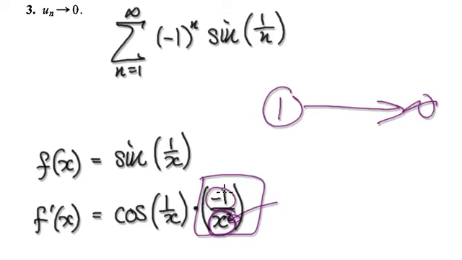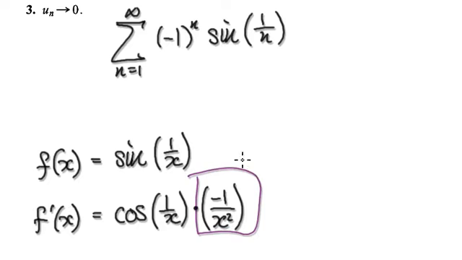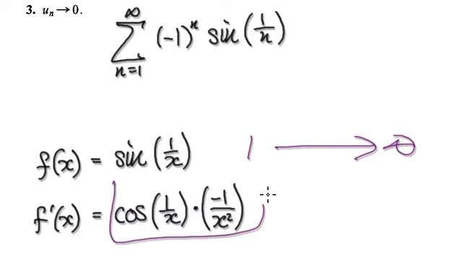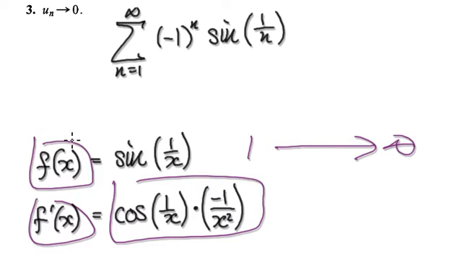If this is positive and that is negative, then the whole block will always be negative from 1 to infinity. That means the gradient is negative, meaning the function itself must be going downhill all the time.